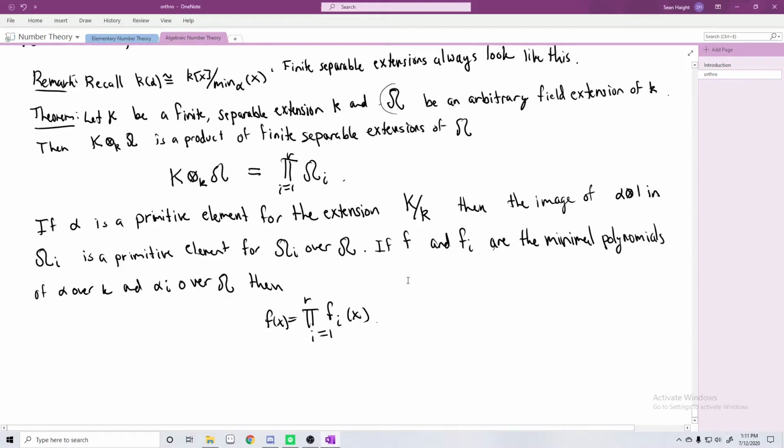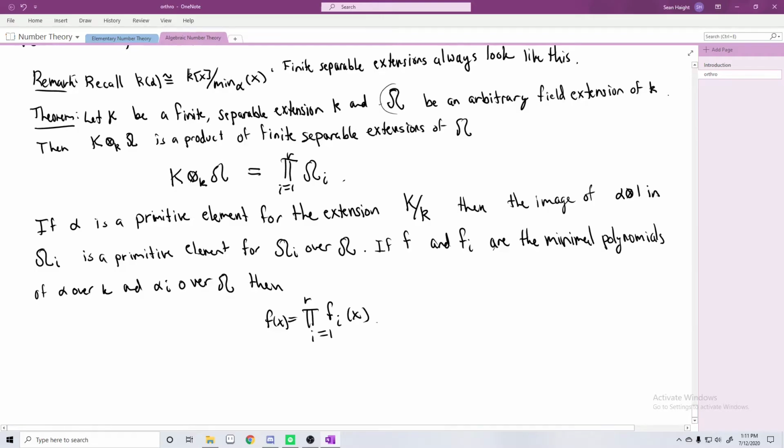Okay. So essentially the way the proof goes, just to give you an idea before we actually get started on it, is I use the primitive element theorem to write big K as some quotient of k join x. I look at what happens when I tensor with this field extension.